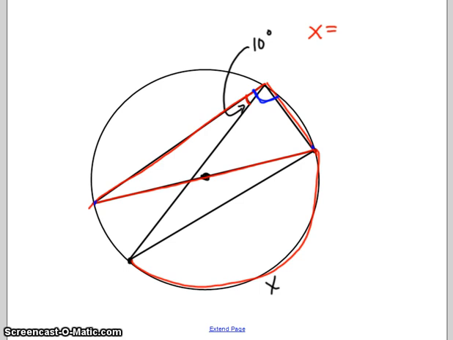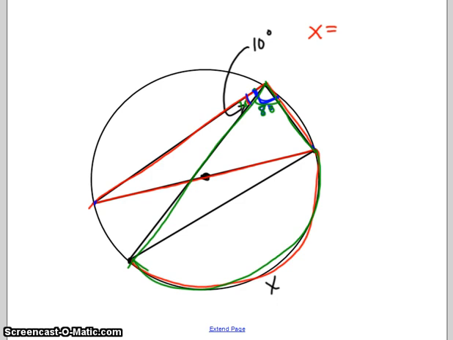So if this is 10 here, and we know the whole angle is 90 degrees, then this green section right here is 80 degrees. That's 10, and the whole thing is 90. That being said, this angle goes with this arc right here.